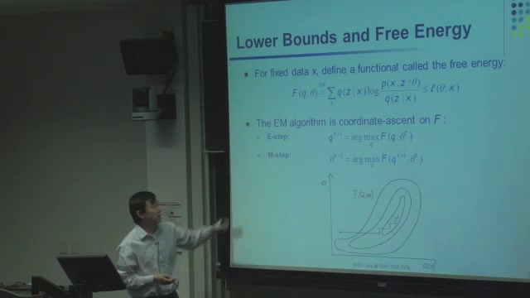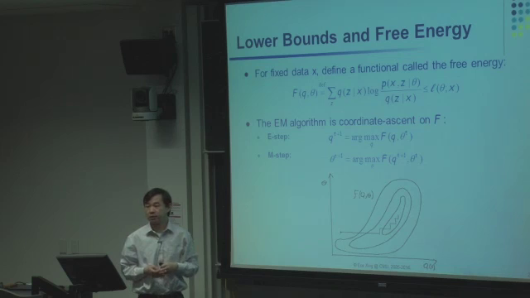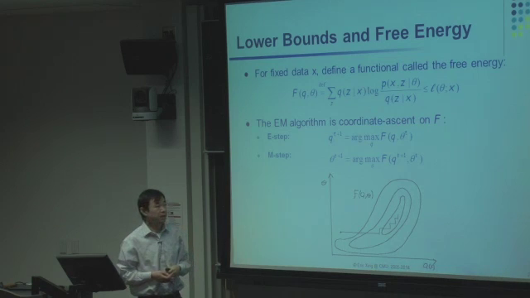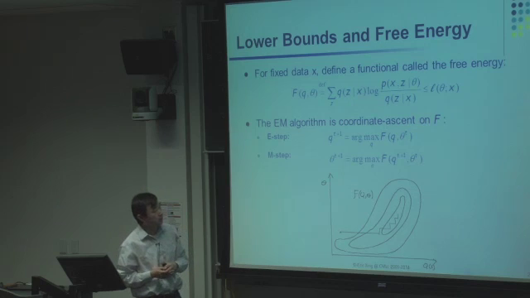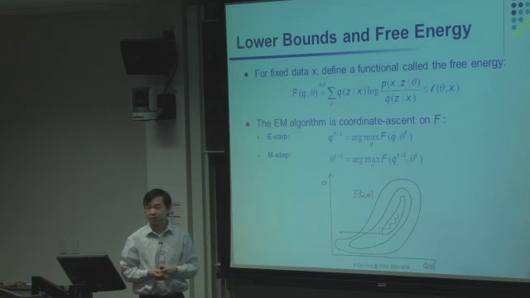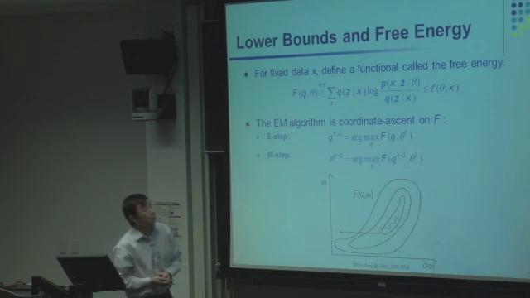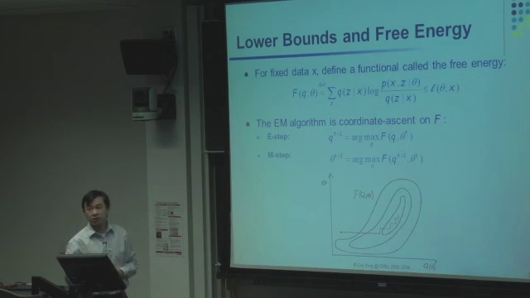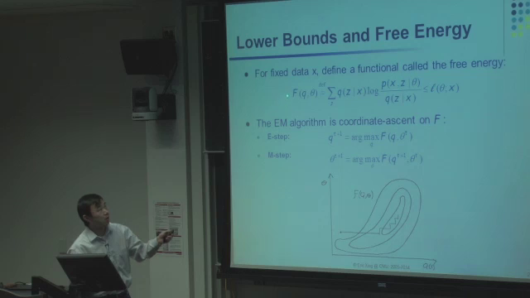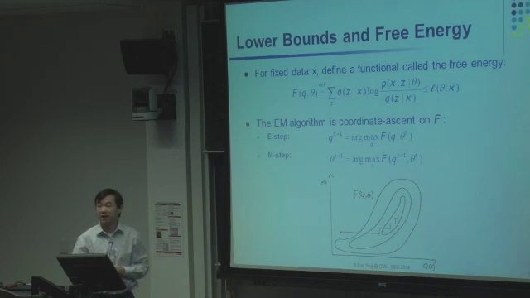Then in the M step, you keep q fixed, and your other argument, the free parameter theta, is what you optimize with respect to. That gives you a picture about this. So that's the first news: EM is actually now optimizing a lower bound of the likelihood function.